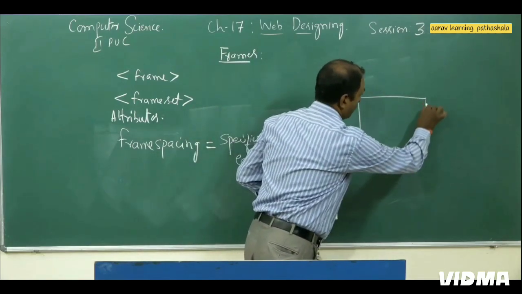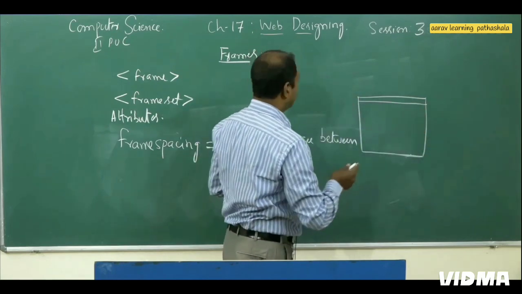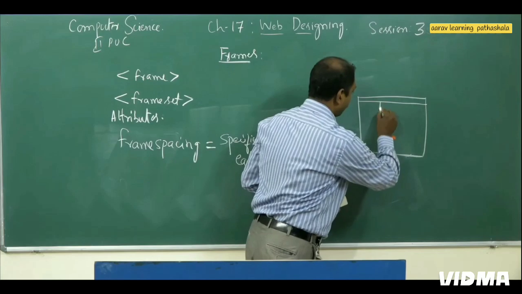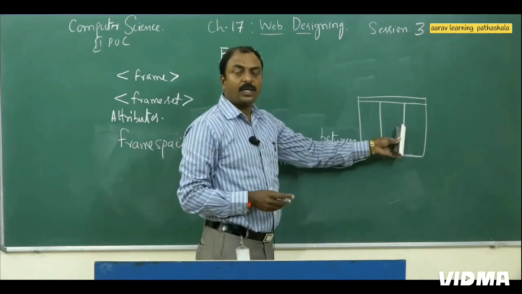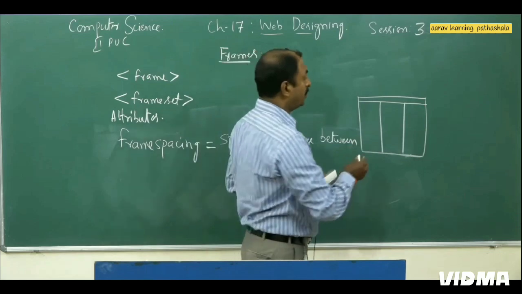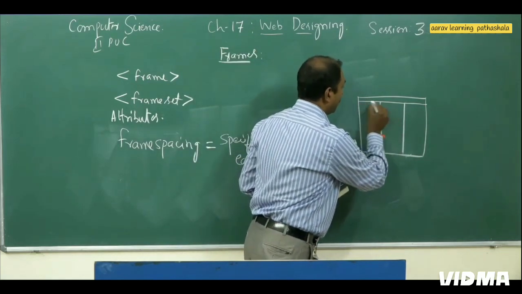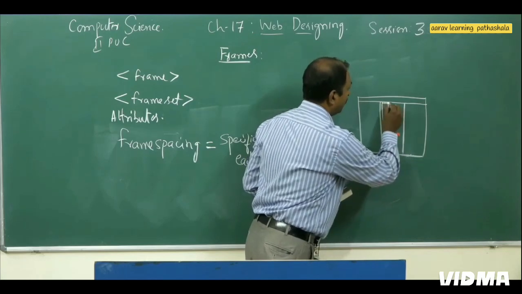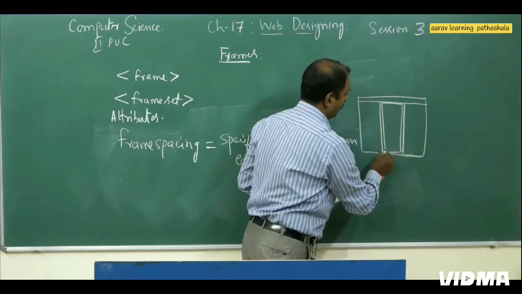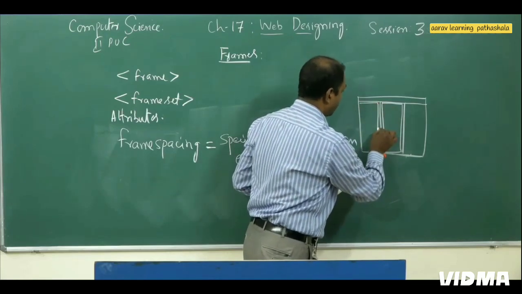Suppose in this example, this is the web browser window, and here there are three sections or three columns. So what is the space between these? Normally you come across it like this. This is one column and this is another column.